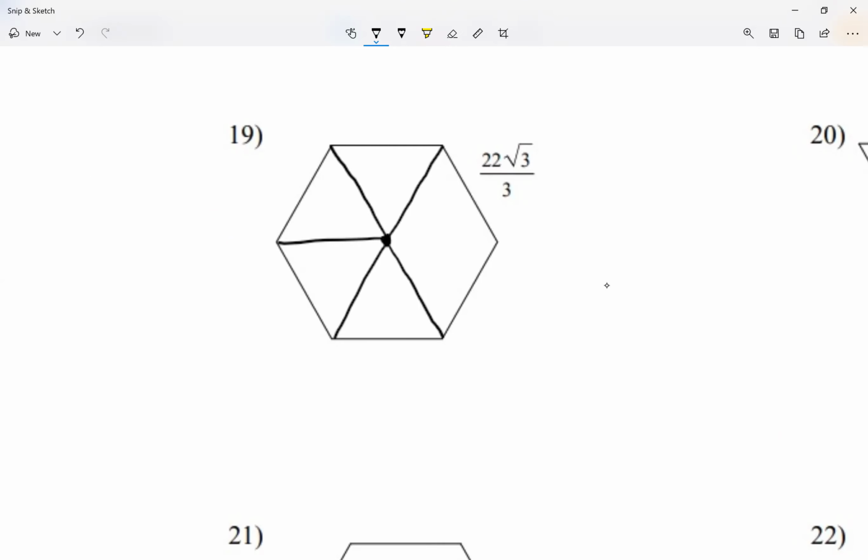And I broke this into triangles. Not only that, but let me cut each of these triangles in half. I'm going to go here, here, here, here, here, and here.